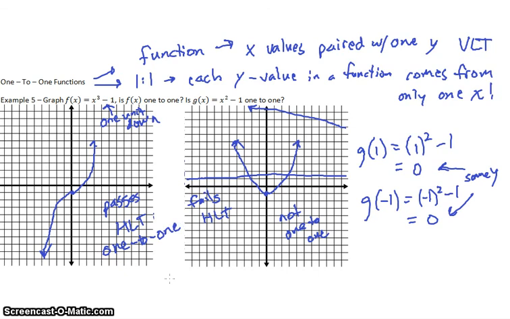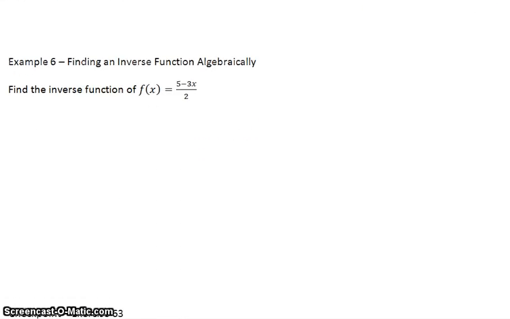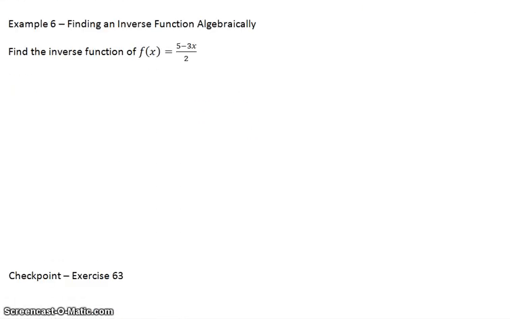Now you might be asking yourself, what is the benefit for us to talk about something that's one-to-one versus not one-to-one? Well, the reason is that something that's one-to-one is going to be important for finding inverses, and here's why. If we look at a picture, we have an x value. It can be whatever we want it to be.